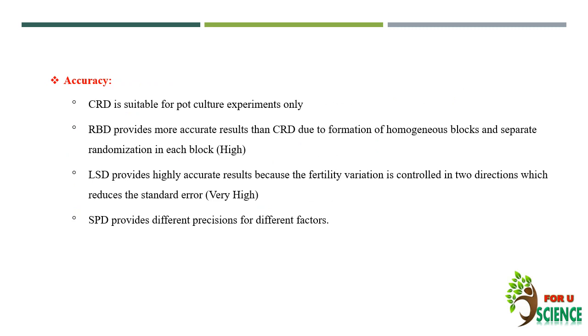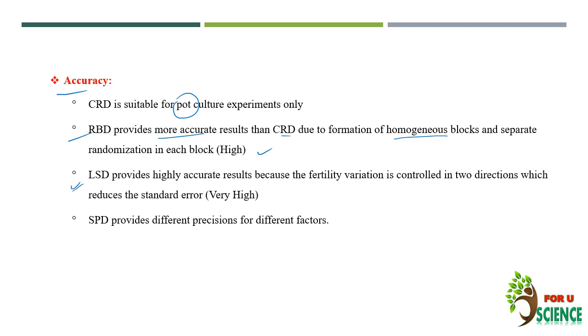If we see the most effective one, that is, the most accurate one: CRD is only used for pot culture experiments. RBD provides more accurate results than CRD because it forms homogeneous blocks and randomizes separately in each block.